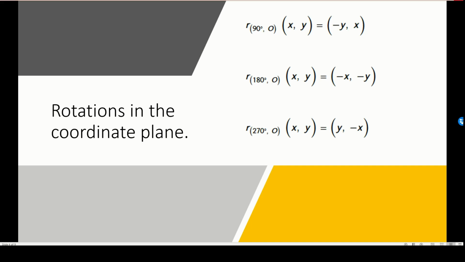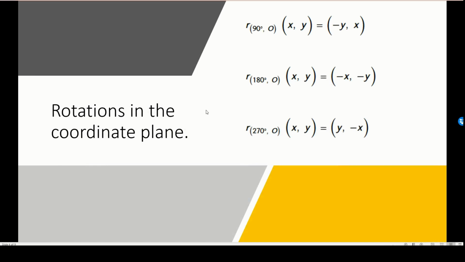Trying to do a translation without a coordinate plane really is difficult to imagine. It may even be impossible without a ruler or some measuring device to make sure that we understand where it's going, where it's heading. So rotations are pretty easy to understand as well.